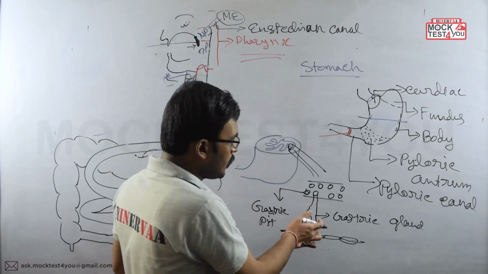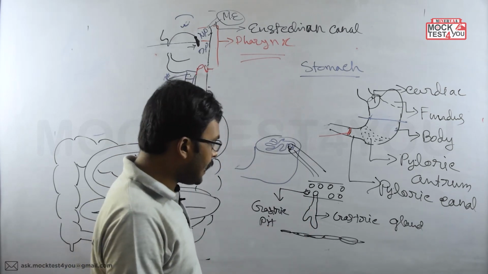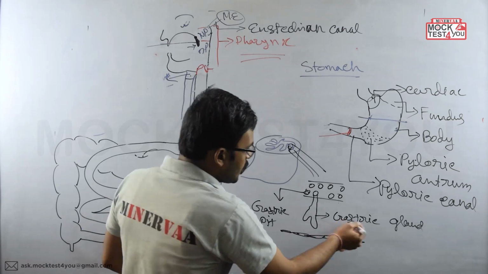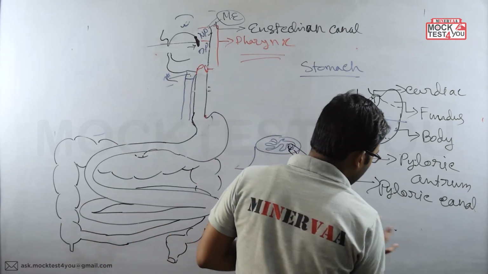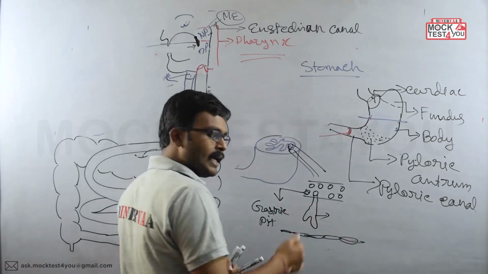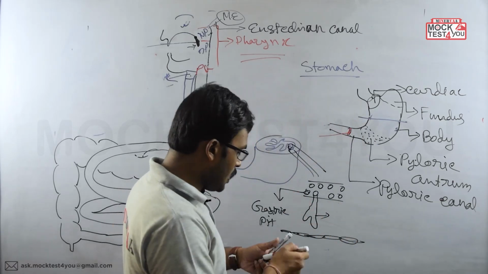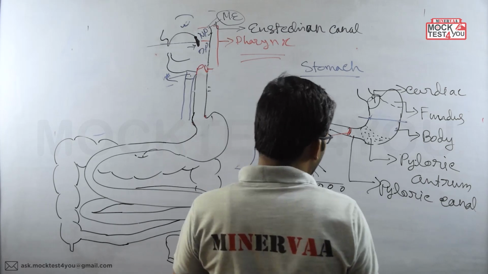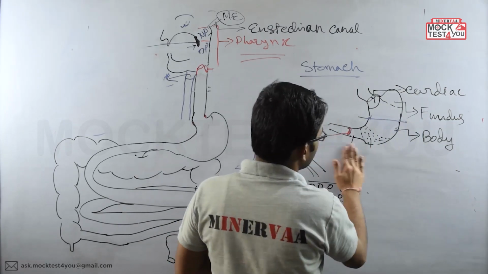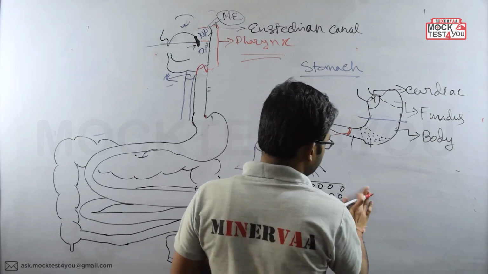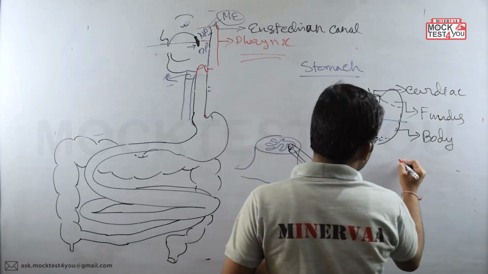Clear? Now, if we see the wall of the gastric gland, what type of cells are we getting in the gastric gland? So I'm drawing that diagram separately over here.